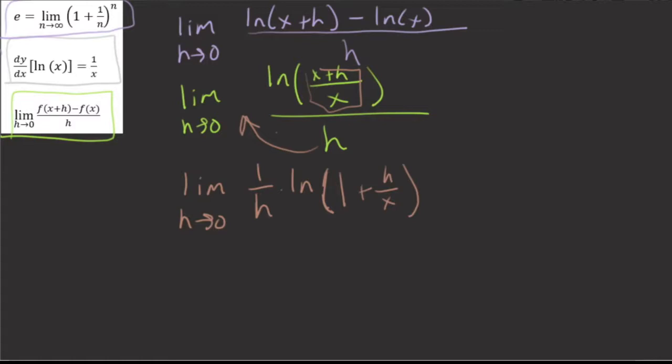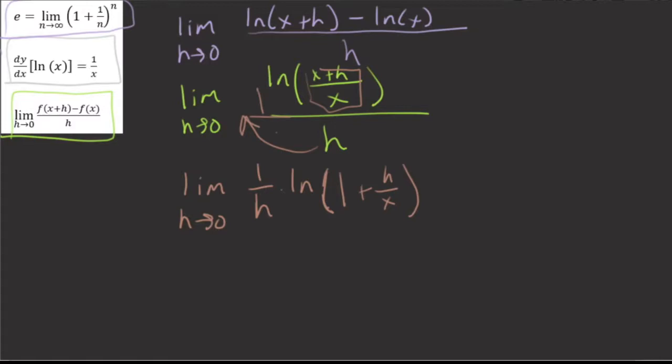Okay? So we've simplified that, and just to make sure you follow what we're doing here, we pulled out this 1 over h to the front. And then we just made x over x plus h over x into 1 plus h over x. You can split it whenever there's more terms in the numerator than there is in the denominator.